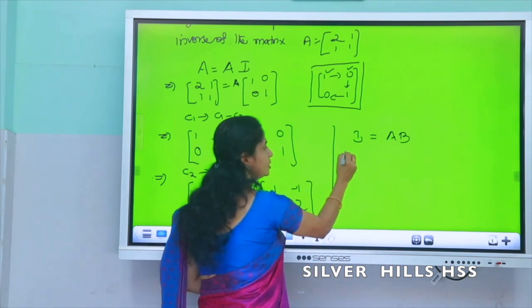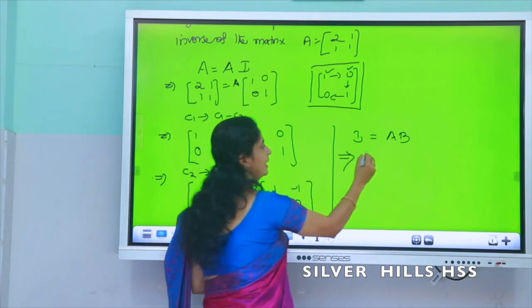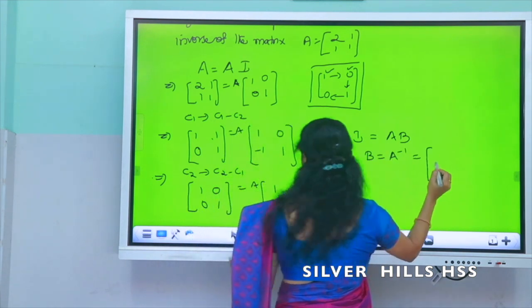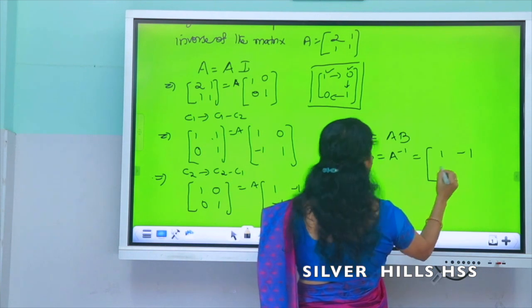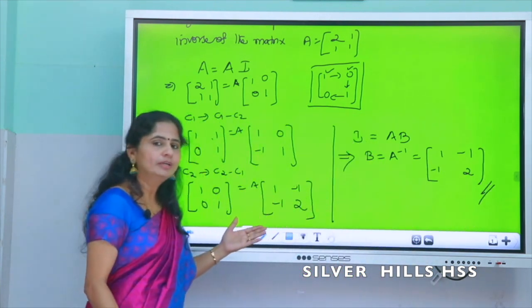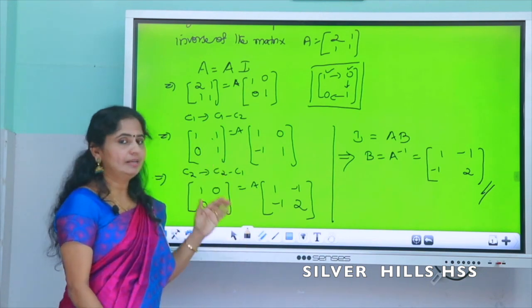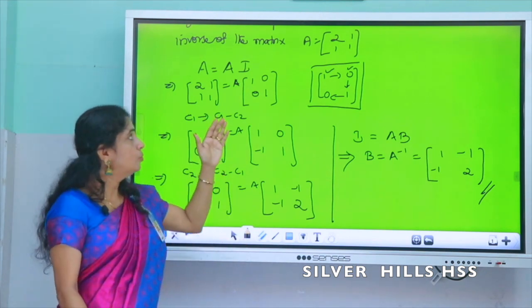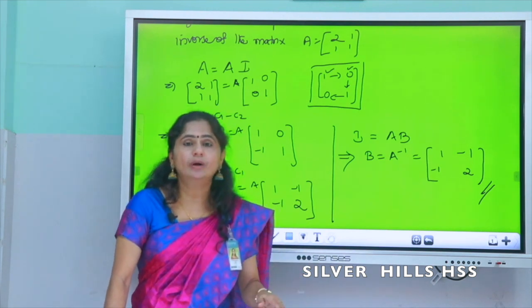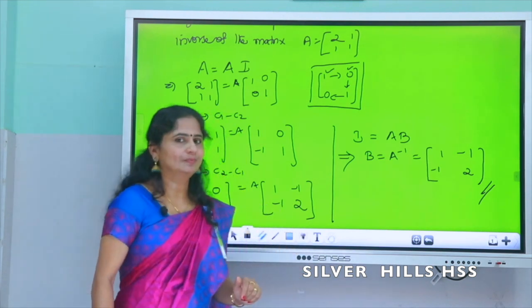By the definition of the invertible matrix, we can say that B is A inverse. So that is nothing but 1, minus 1, minus 1, 2. Hence we have found the inverse of the matrix A equal to 2, 1, 1, 1 as the matrix 1, minus 1, minus 1, 2.